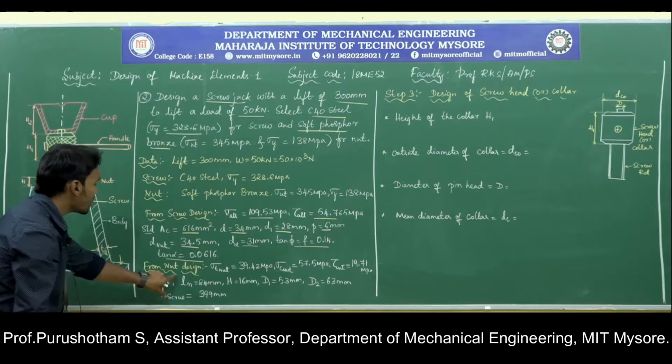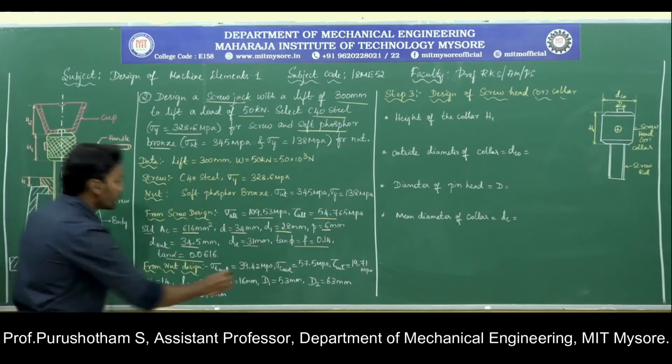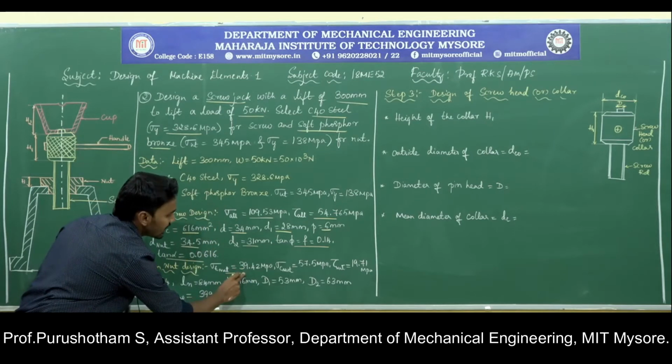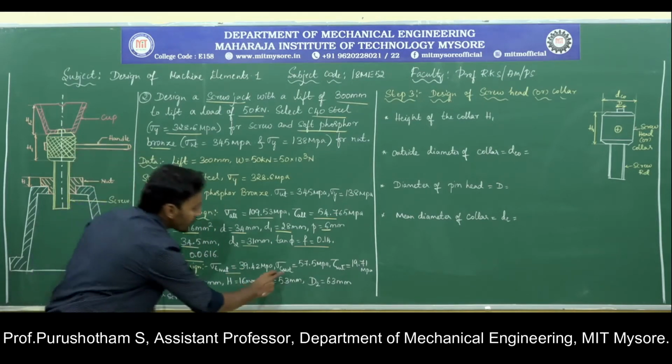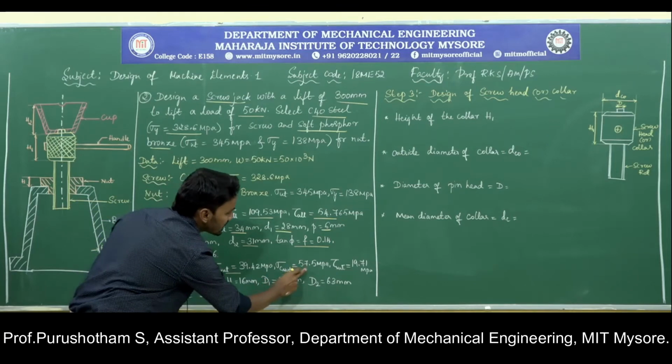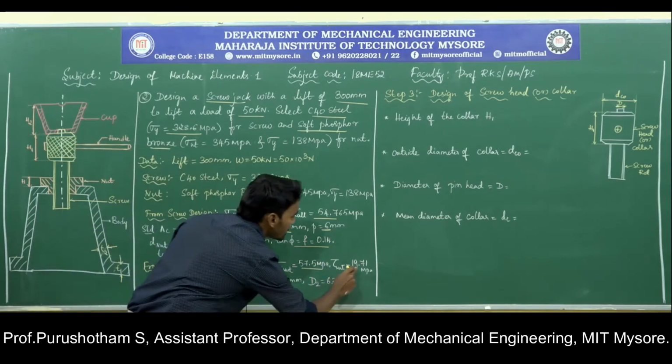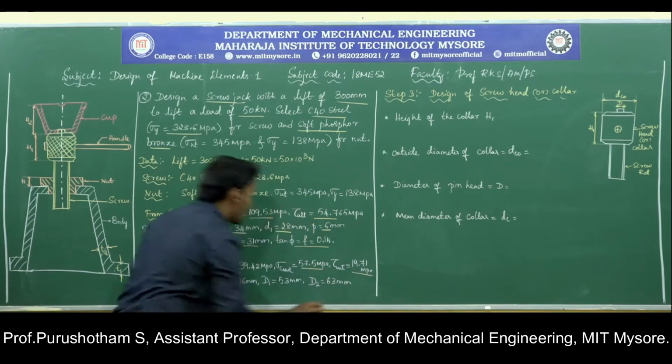Now from the design of the nut, what did we get? The allowable stress in tension is 39.42 megapascal, in compression 57.5 megapascal, and the allowable shear stress is 19.71 megapascal.